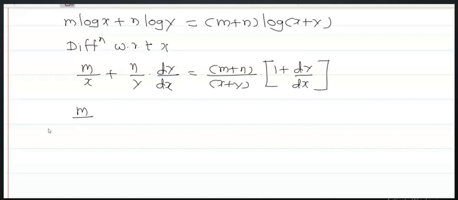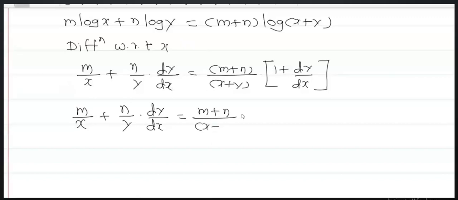Again, normal multiplication. Collect the terms of dy by dx on the left hand side and the terms other than dy by dx on the right hand side. m upon x plus n upon y into dy by dx is equal to (m plus n) upon (x plus y) into 1 plus (m plus n) upon (x plus y) into dy by dx.